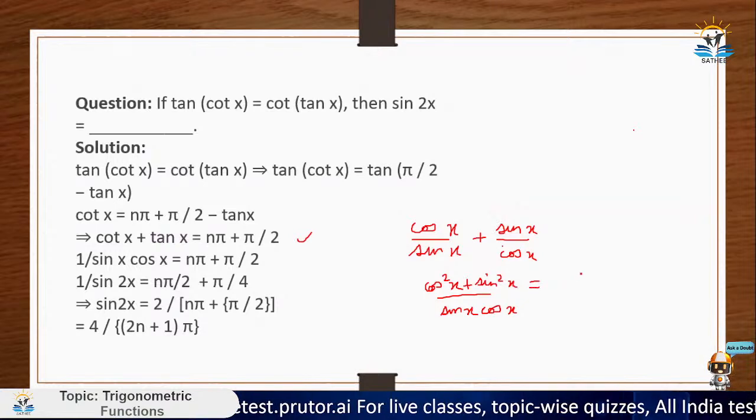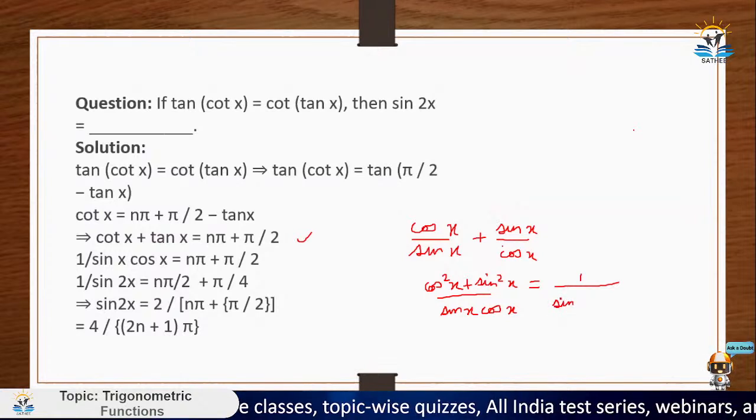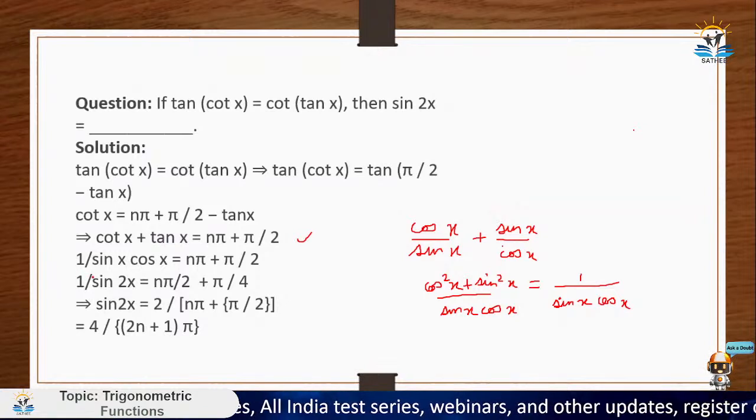This is a very important identity which I told you again and again. So that's why we write here 1 upon sin x cos x. This is equal to n pi plus pi by 2.